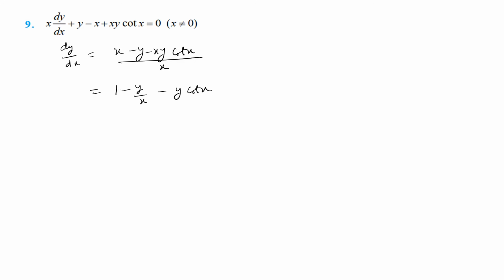Okay, so clearly from here you can see that it is going to be of the form dy by dx plus py is equal to q, so the term which will be p will have involvement of y. So you can take the minus sign common, minus y common, so 1 upon x plus cot x, right?